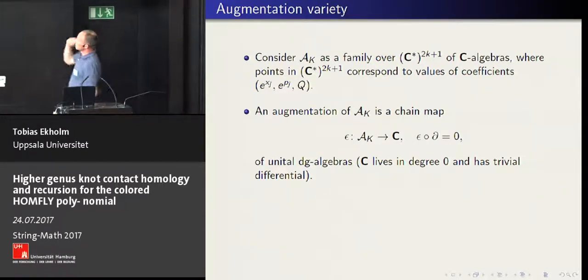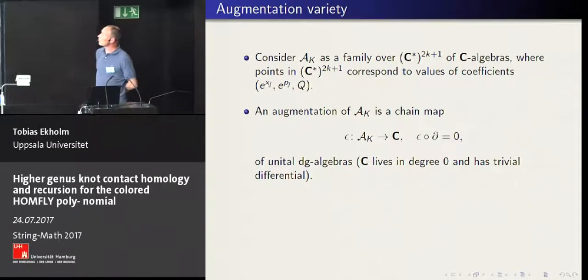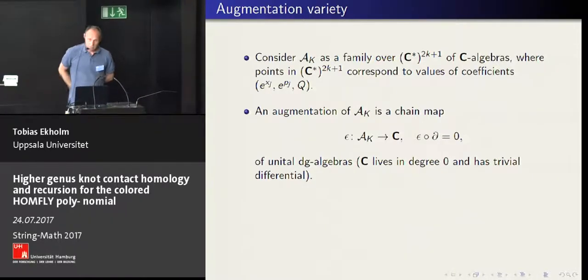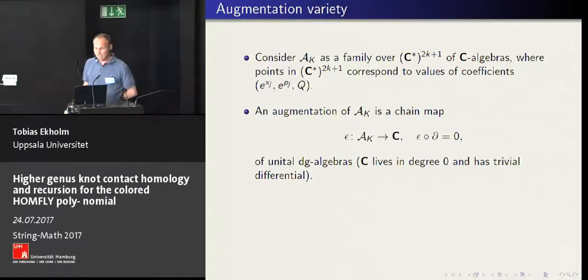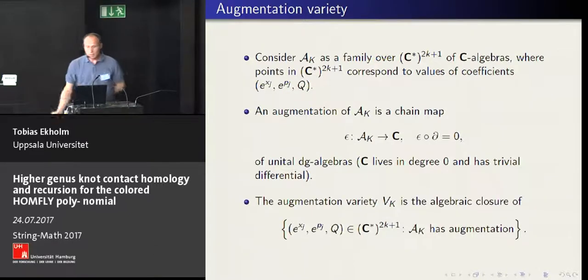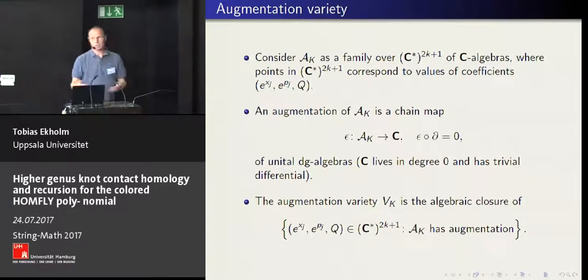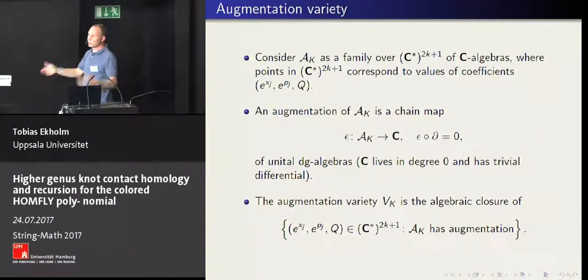Since we have the trivial differential on the complex numbers, that means we just have to require that epsilon composed with the differential is 0. And now the augmentation variety is the variety where we have an augmentation. If we don't have an augmentation outside this locus, somehow the homology is more or less trivial.